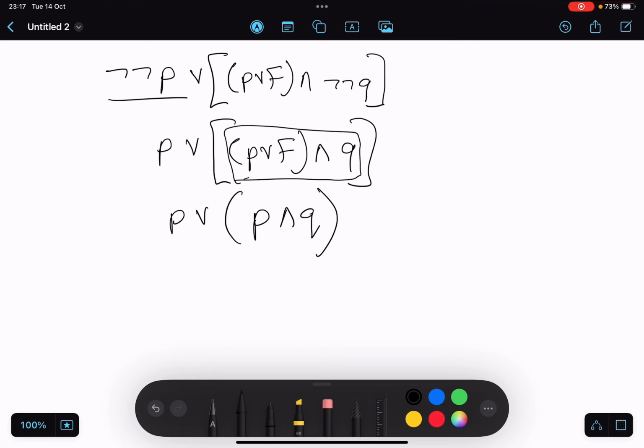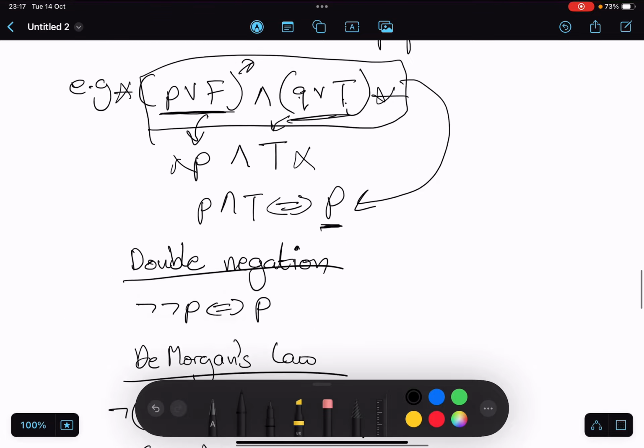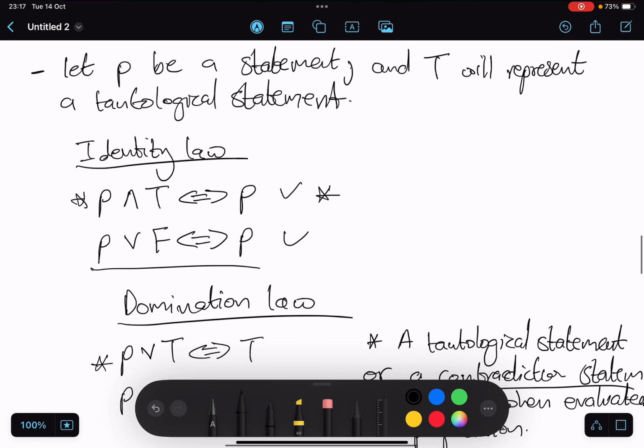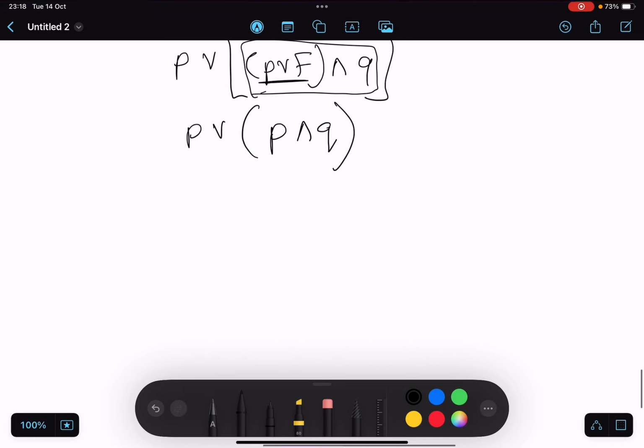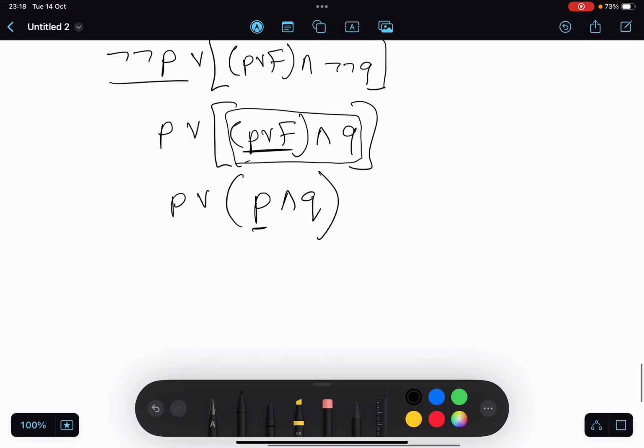So we applied here P or F. We are using this identity law. So P or F is equal to P. That's why we have this P here. P or F is what? It's P, isn't it?